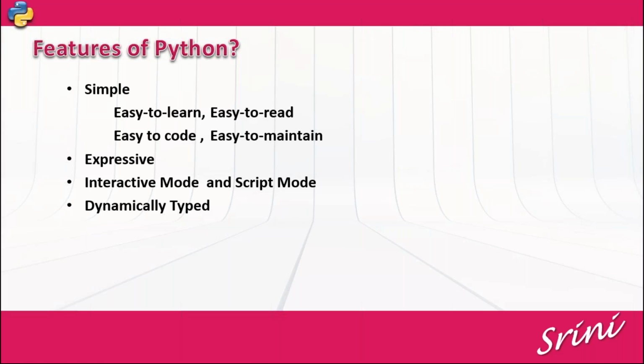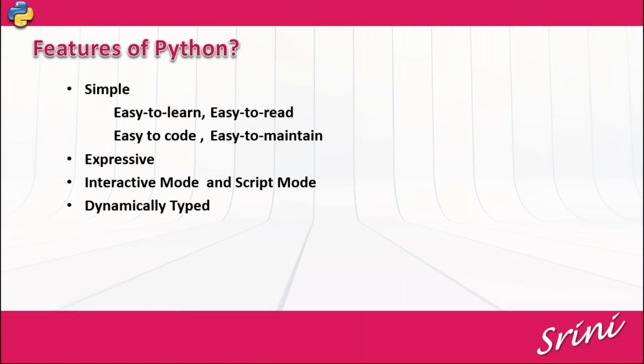we have to understand the programming languages can be classified into two types. One is static data type supporting programming languages. Second one is dynamically typed programming languages. C, C++, Java, C#, these all come under the category of static data type supporting programming languages.